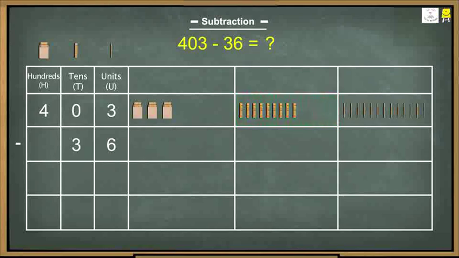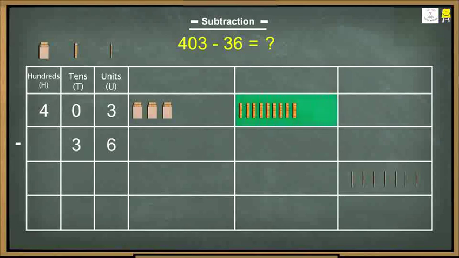How many units do we now have? We had 3 units, to which we added 10 more, and so we have 13 units, from which we need to subtract 6 units. How many units are we left with? That's right, 7 units.